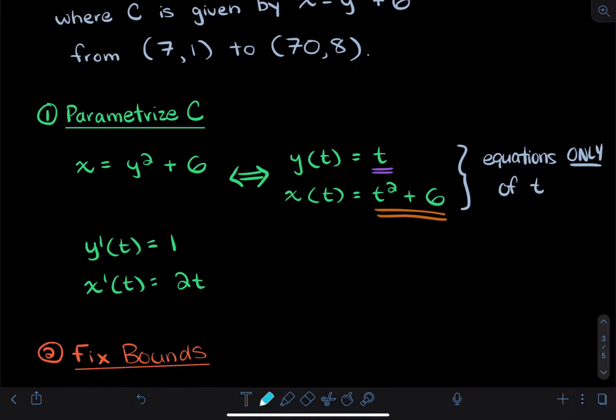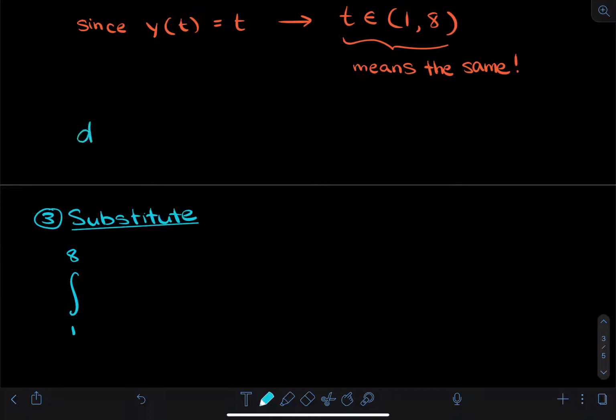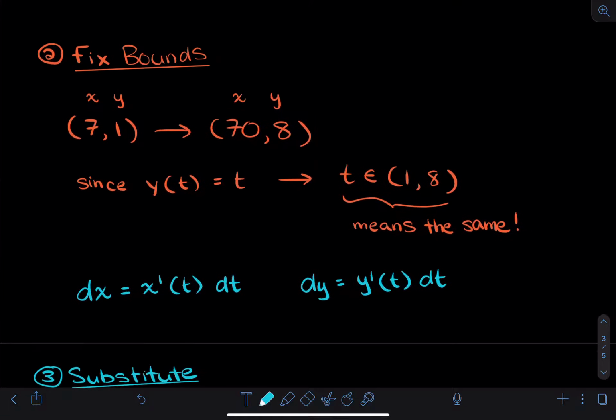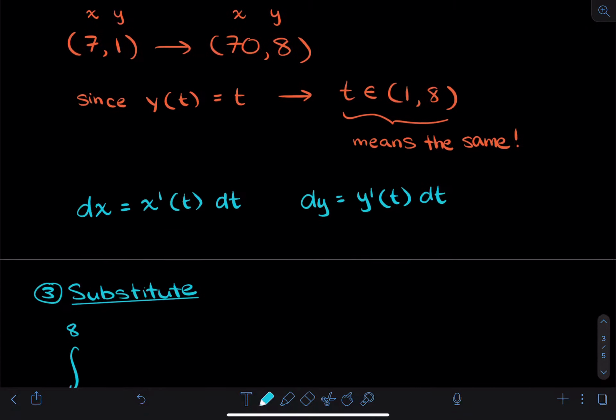I can just rewrite it here so we have it. dx is going to be equal to x prime of t dt, and dy is going to be equal to y prime of t dt. And x prime of t is here, and y prime of t is right here. So now let's put that all together.